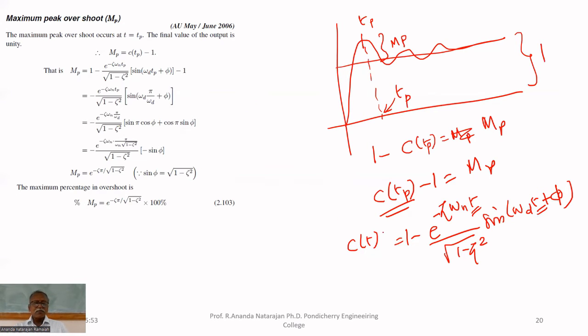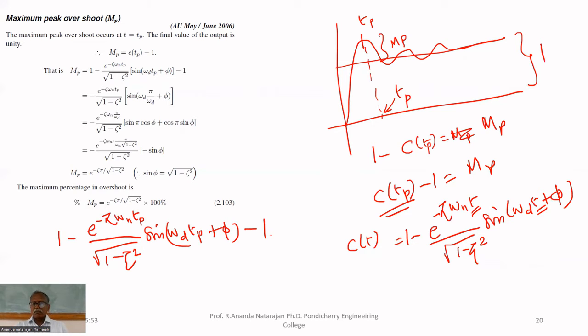C of Tp is replaced by this: 1 minus e power minus zeta omega n Tp upon square root of 1 minus zeta square sine omega d Tp plus phi, minus 1, equal to MP.